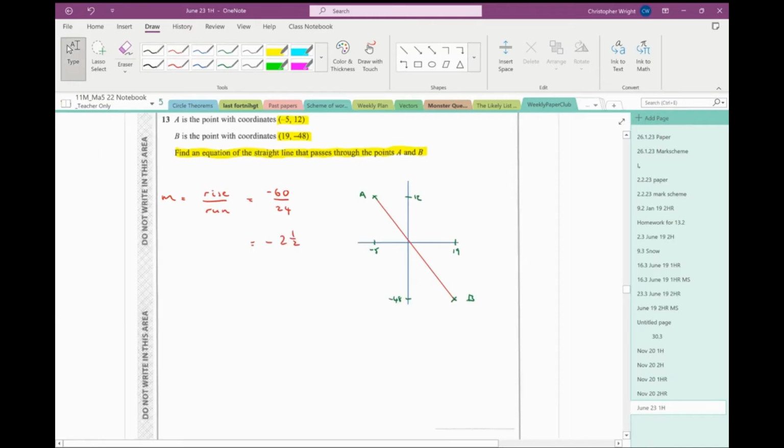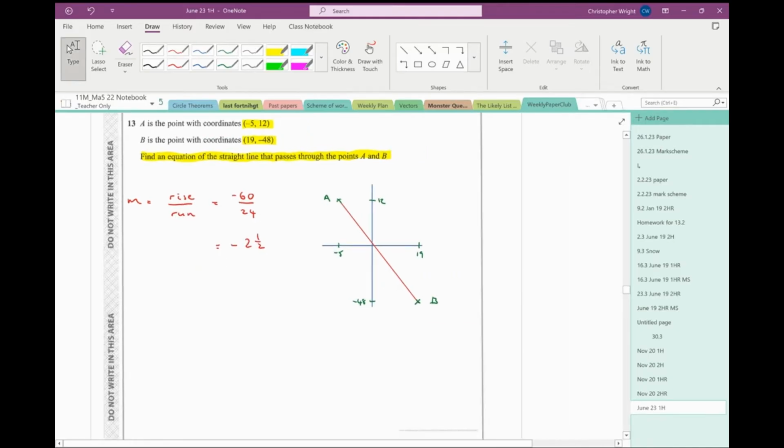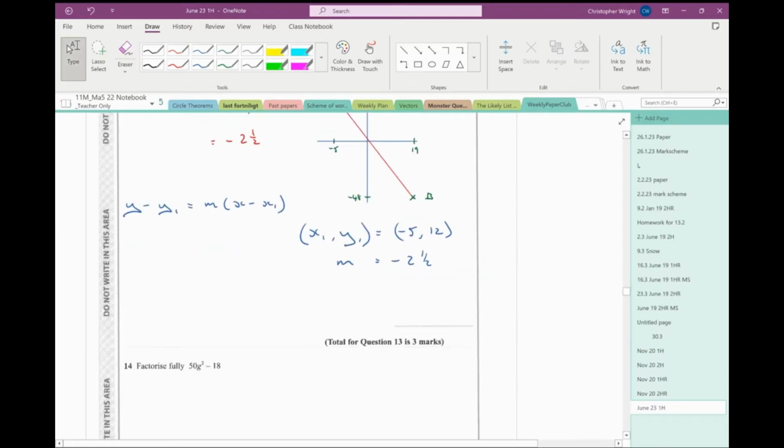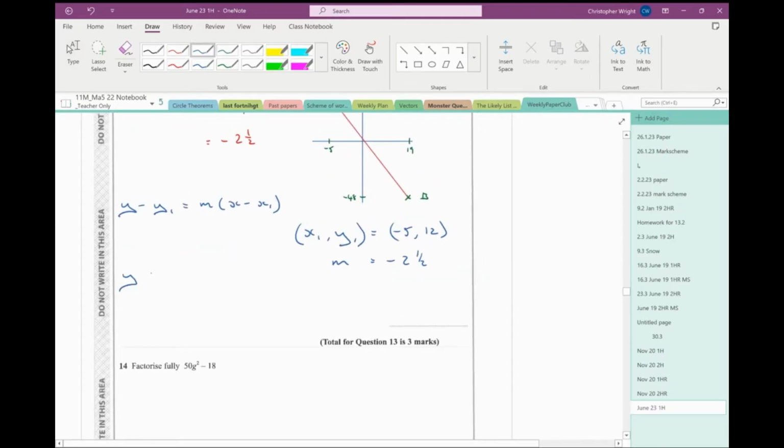Okay, now I can simply use my equation y minus y1 equals m times x minus x1, where x1, y1 is a point on the line, so I'll call that minus 5, 12, and m is the gradient, so it's going to be minus 2.5. So I'm going to have y minus 12 equals minus 2.5 lots of x minus minus 5, x plus 5.